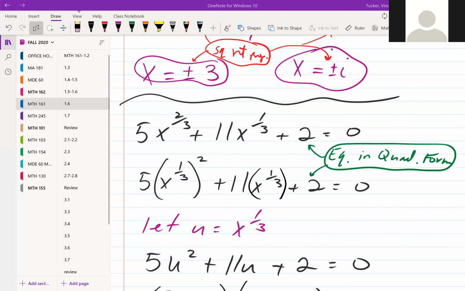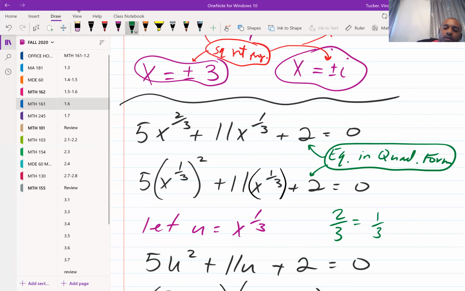So you squared the x to the 1/3 so you could get similarities? Well, actually, we broke it up. It's almost like factoring, where you reverse the multiplication process. All I did was look at 2/3 and recognize that 2/3 is 1/3 times 2.